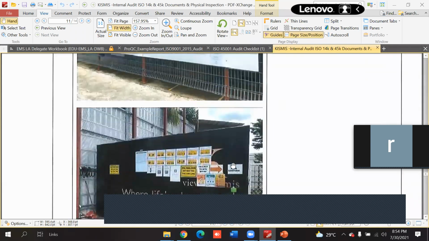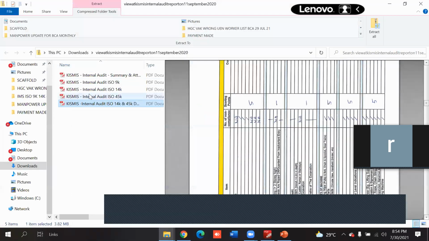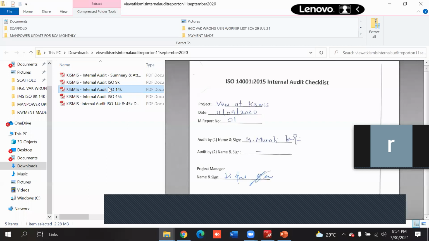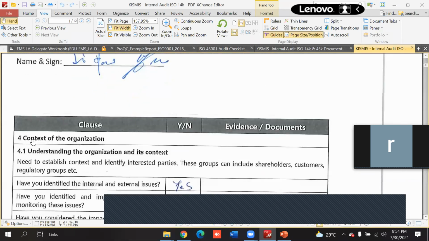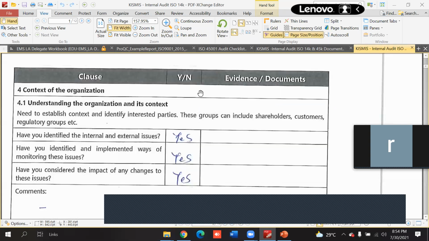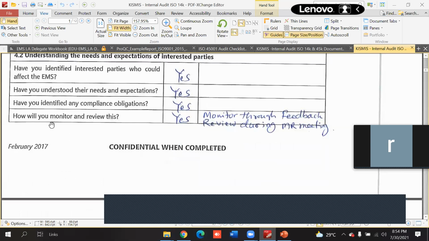Right? So based on the company, they can create the checklist based on the system and the standard. Let's say go for, say, clause 4. Then what is the evidence? Yes or no? Let's say how you monitor, they monitor feedback.